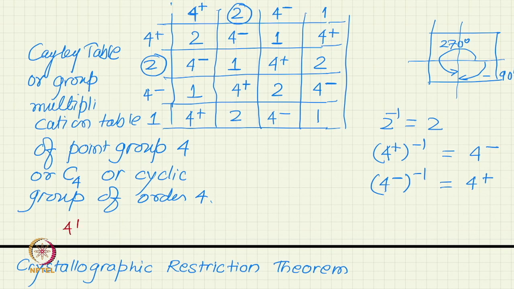So, 4 plus is 4 plus to the power 1. 2 is 4 plus square, 90 degree followed by 90 degree is 180 degree. 4 minus is 4 plus cube, 90 plus 90 plus 90 is 270, which is 4 minus.